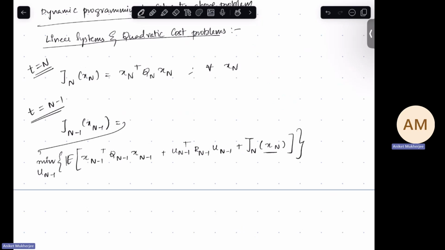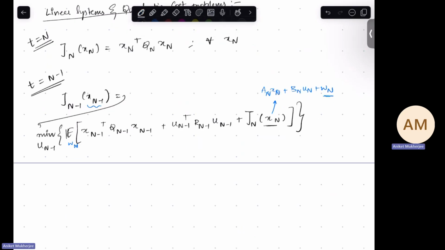But xn, we know the dynamics. This is a function of xn minus 1 and not xn. So this is basically An xn plus Bn un plus wn, right? And this expectation is over wn because this is the only thing random.